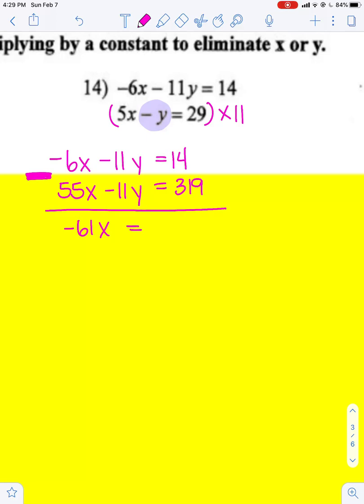And then 14 minus 319 is going to be negative 305. So now I'm going to divide both sides by negative 61. And that's going to give me x is equal to 5.